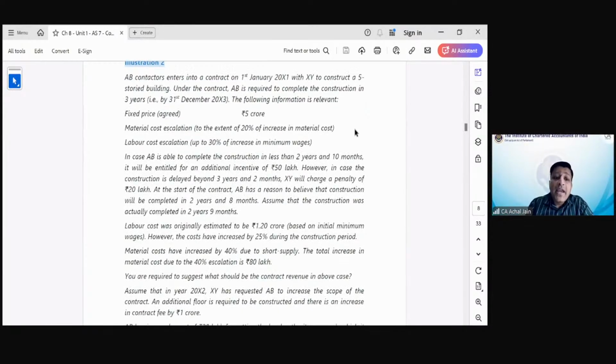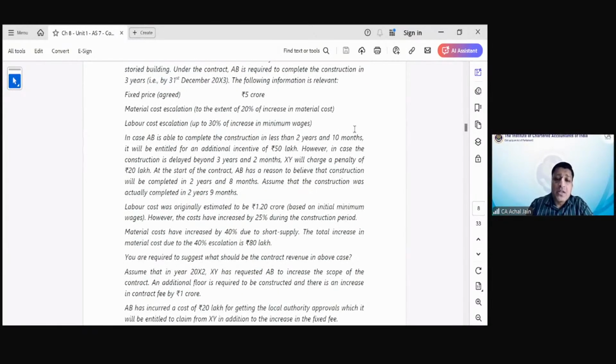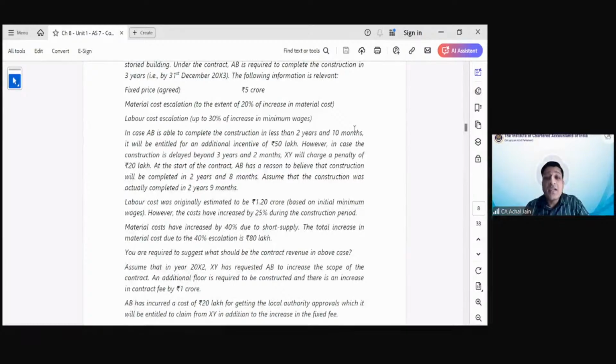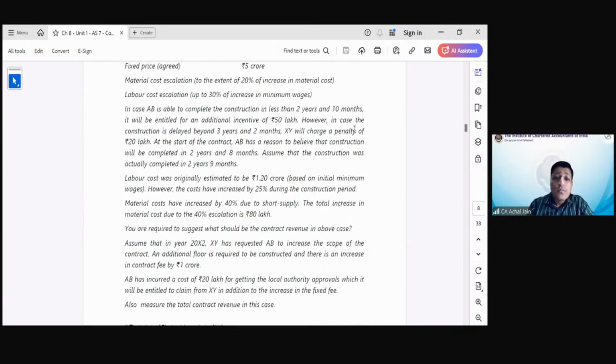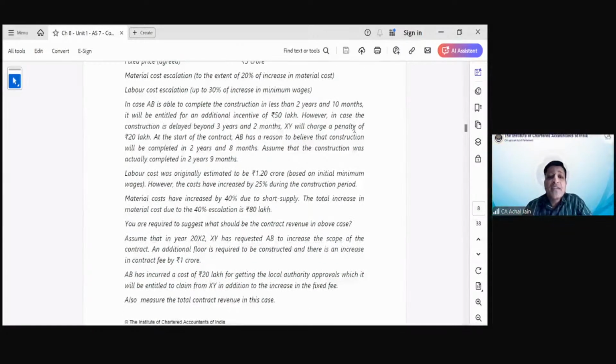An additional floor is required to be constructed and there is an increase in contract fee by 1 crore for this additional scope. AB has incurred a cost of 20 lakhs for getting the local authority approvals, which it will be entitled to claim from XY in addition to the increase in the fixed fee.